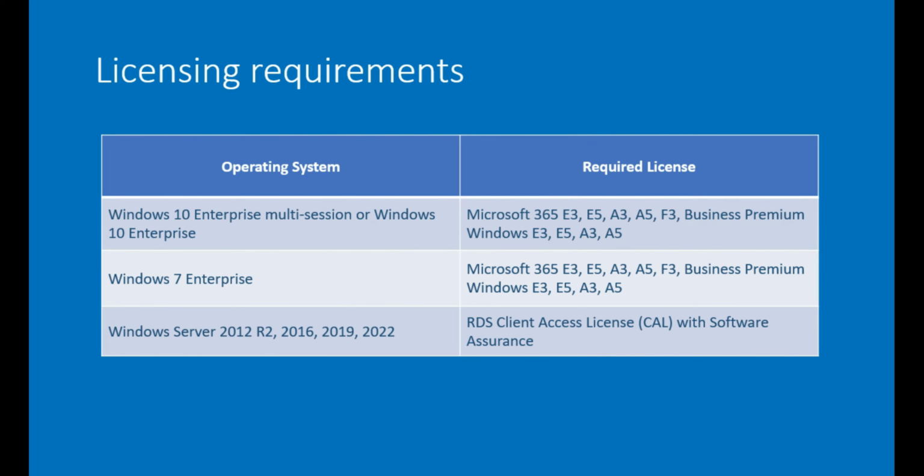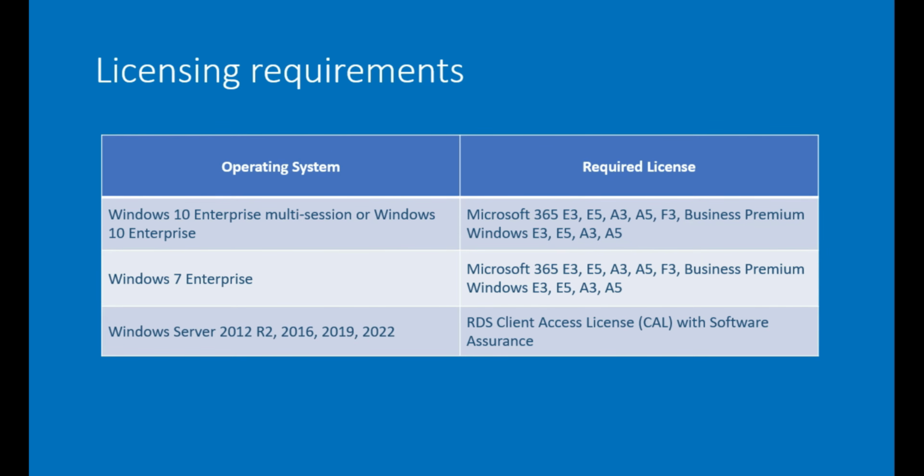In case you are planning to set up a Windows 10 Enterprise multi-session or single session environment, then you require either M365 Enterprise editions like E3, E5 or A3, A5, the academic editions, or frontline editions like F3, or if you have any business variants, then the Business Premium variant is eligible for this.